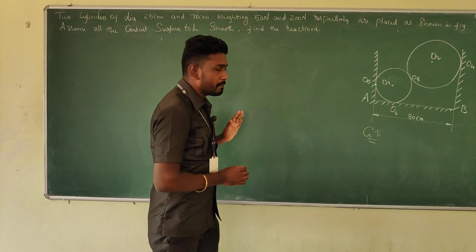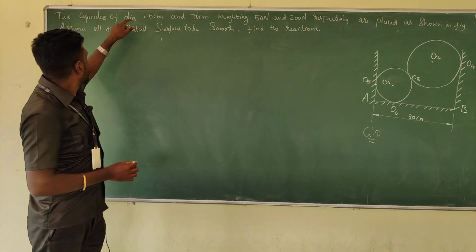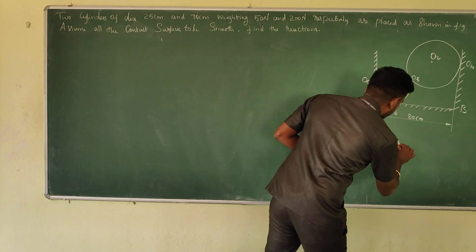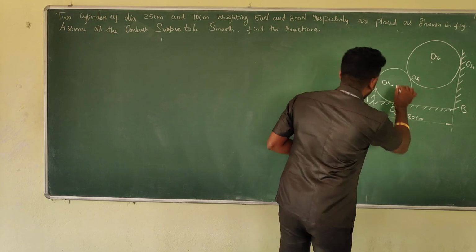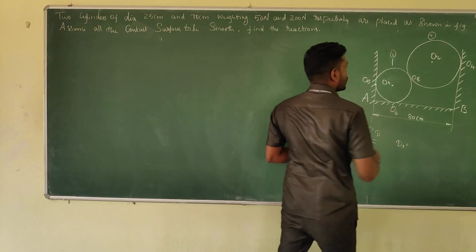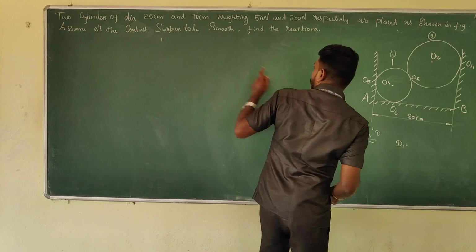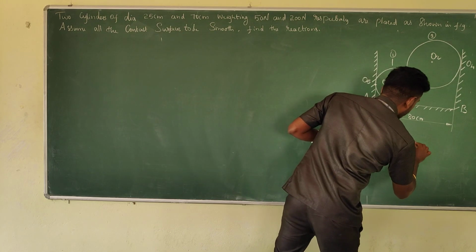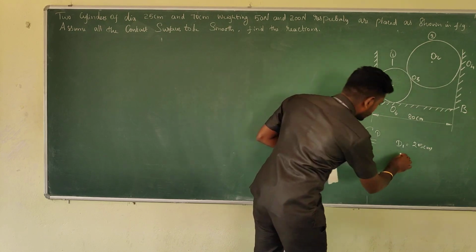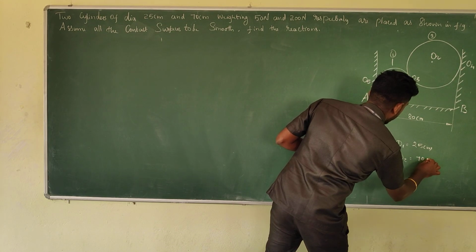What are the data given? The two cylinders have diameters. I am going to take this as cylinder 1 and this as cylinder 2. D1 is given as 25 centimeter and D2 is given as 70 centimeter.